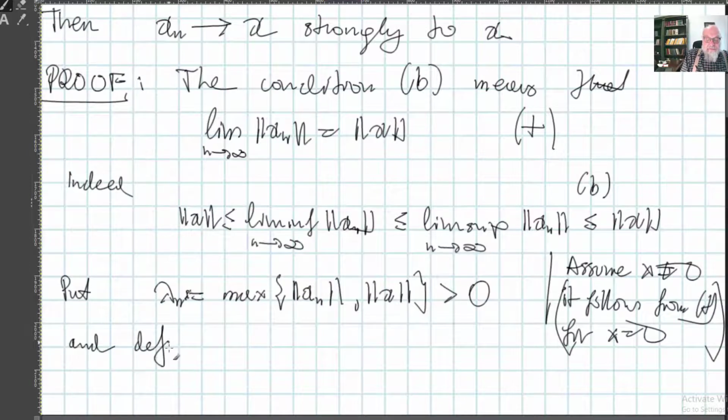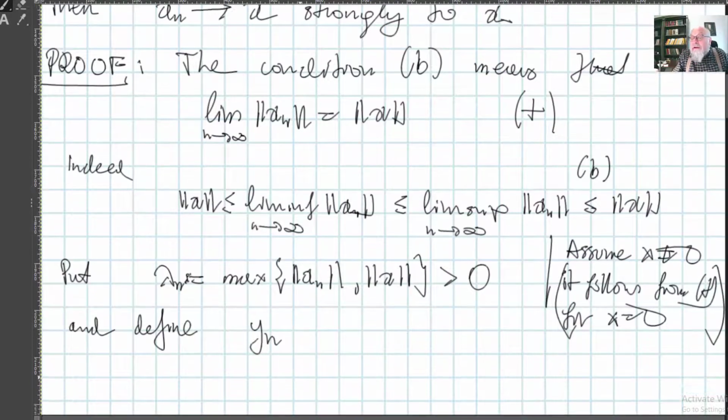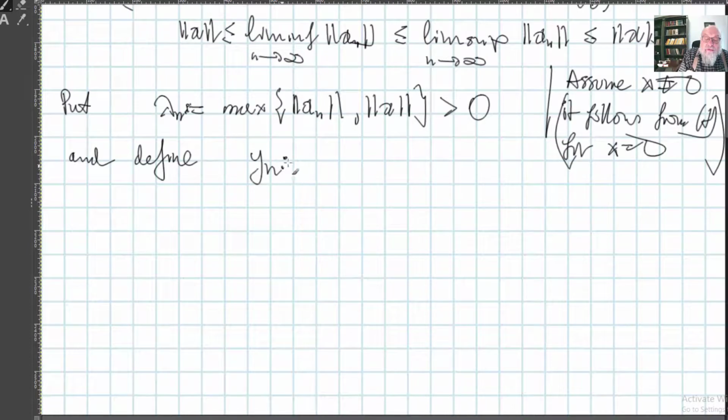By definition, yn will be xn divided by lambda n. And we also put y equal to x divided by the norm of x.